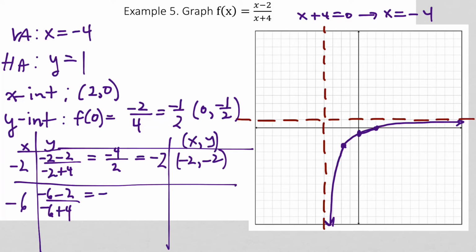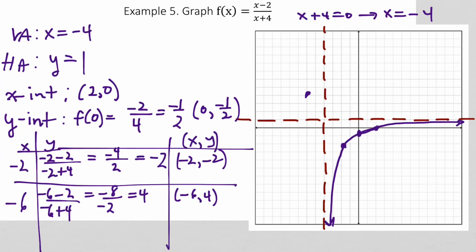So that's negative 8 divided by negative 2. Let's see, is that right? So that's 4. So I've got the point negative 6, 4. So we can put that in here. Negative 6, 1, 2, 3, 4. So it's going to be up in that quadrant there.